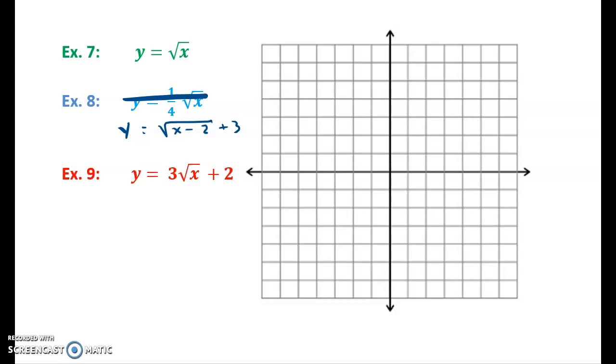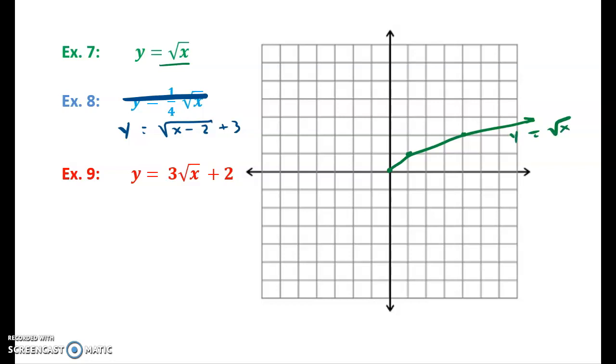I'm going to go back and draw my parent function in green. Go back 0, 0, 1, 1, 4, 2, and draw my curve. That is y equals square root x.